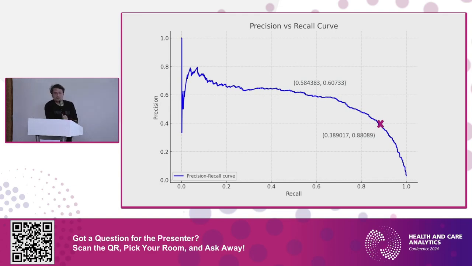Precision is, if my model outputs a particular outcome, say it tells me that this patient is going to die in the next 12 months based on the threshold from the previous slide, a measure of how confident I can be that this label is correct, that the prediction is an actual true positive. Recall, on the other hand, is, if you imagine all the people that are going to die in the next 12 months, the proportion of those that the model is able to identify correctly.